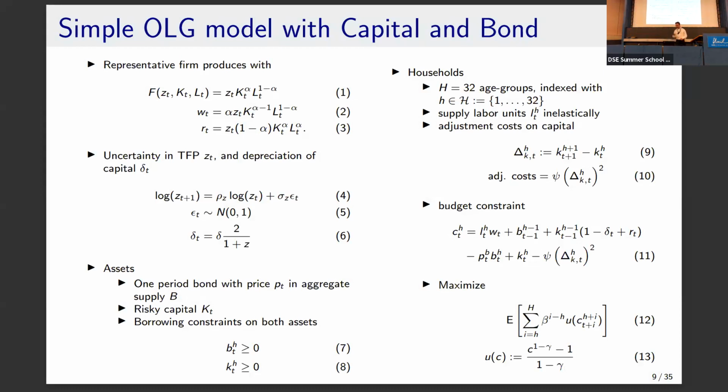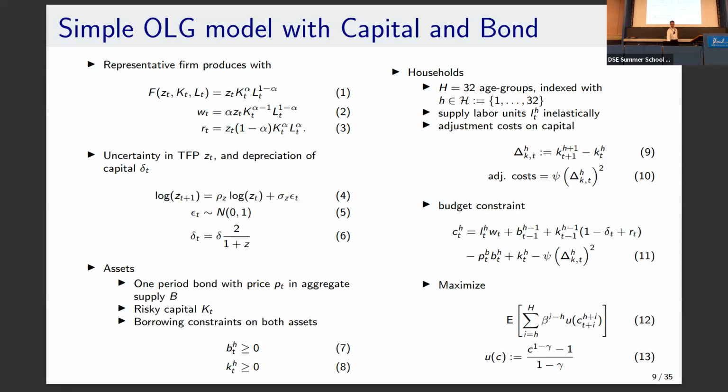On the production side, we have a standard representative firm, which produces from capital and labor. There's TFP, which is stochastic. The firm pays a competitive wage and a competitive return on capital. We assume that the TFP shock also affects depreciation. That's not necessary, but it creates a bit more action.